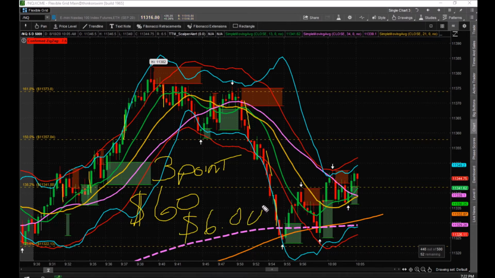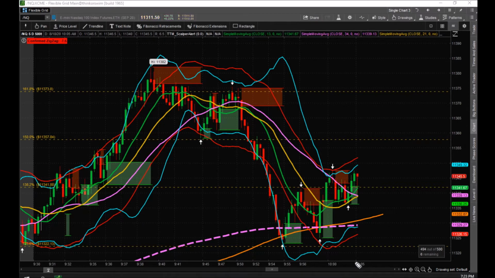And I'm guessing this is where the big question is: how am I going to make money trading micros, making $6 per trade? I tell everybody that I started with micros personally, and then I went to minis. I started a challenge earlier last week.